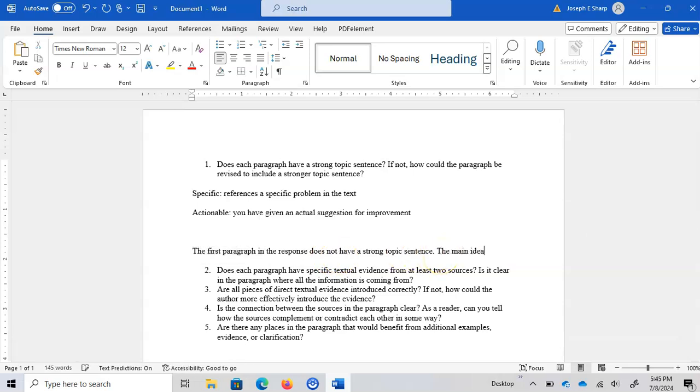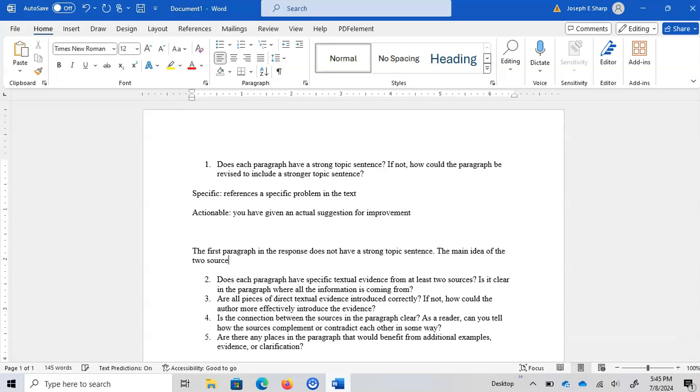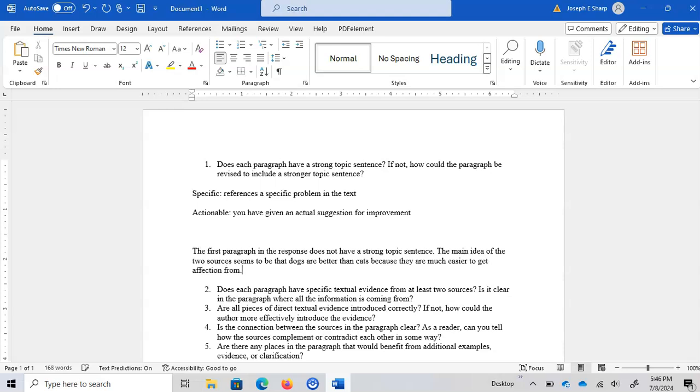The main idea of the 2 sources seems to be that dogs are better than cats because they are much easier to get affection from. So we're interpreting what they've written. Now our third part, we've gone specific. Now we need to go actionable.